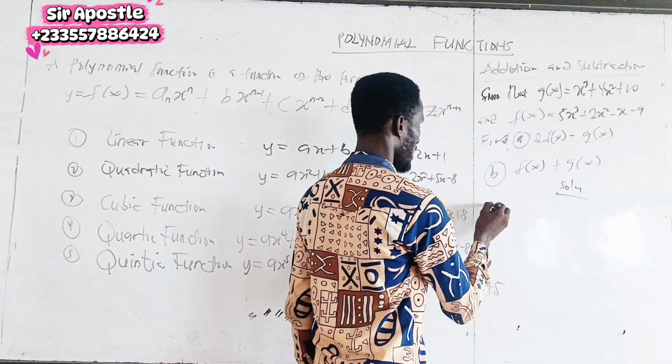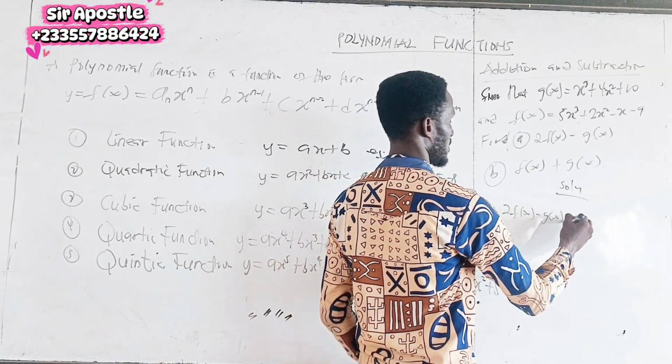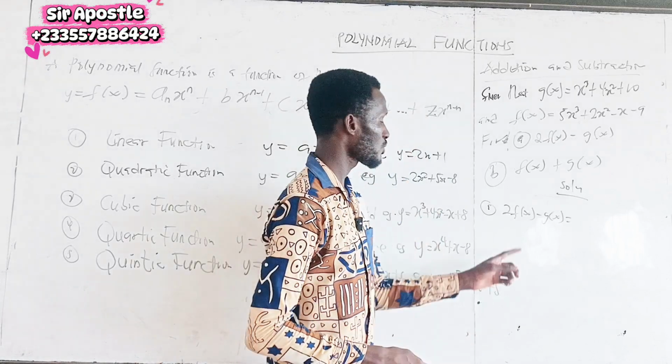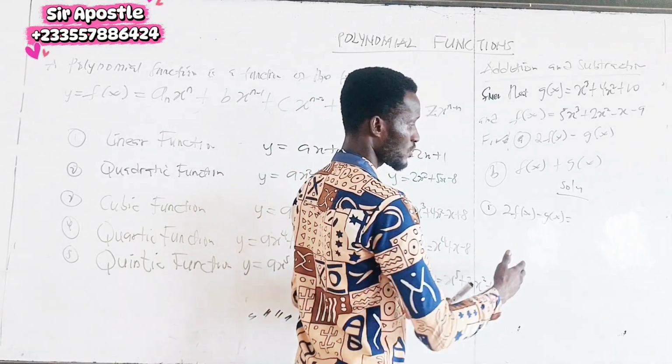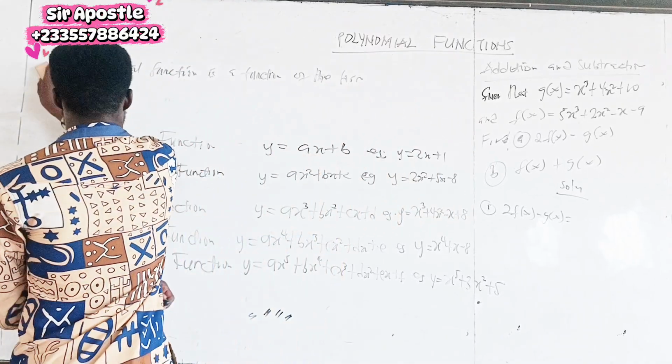Now the first one, we had 2 f of x minus g of x. This one means that I have to multiply.